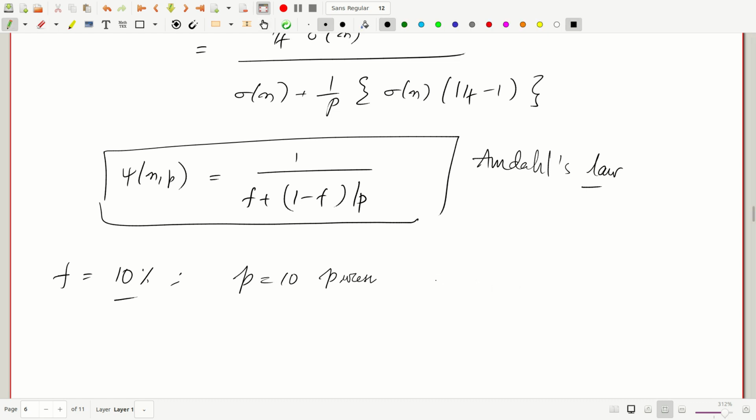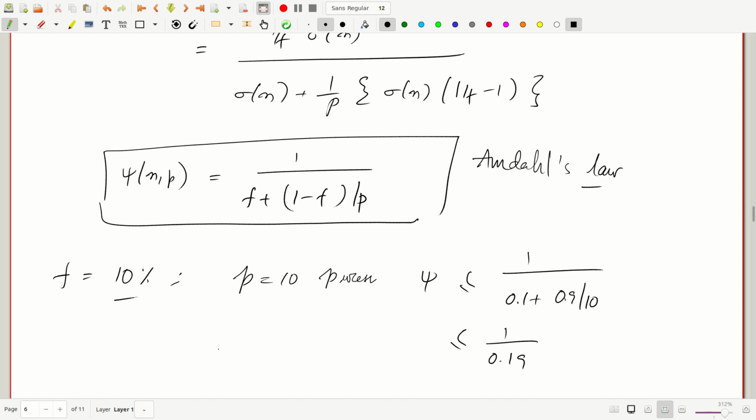You can calculate psi to be less than or equal to 1 by (0.1 plus 0.9 divided by 10). So this is basically 0.9 divided by 10, so 0.09, and then you have 0.19.